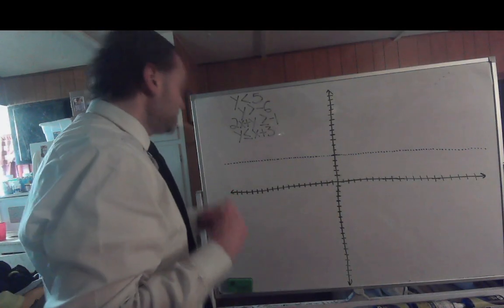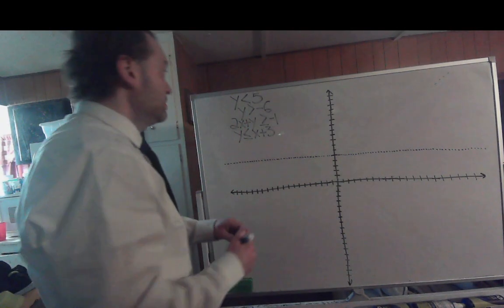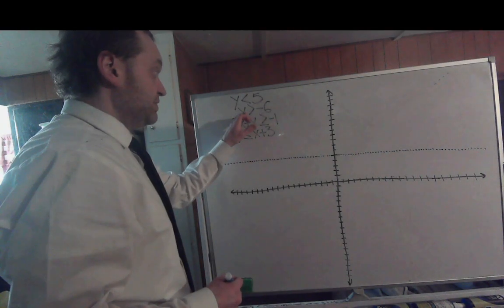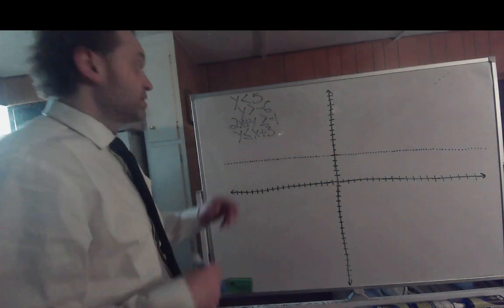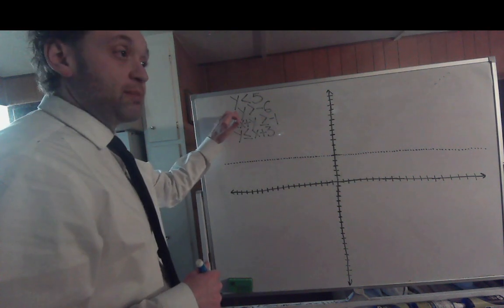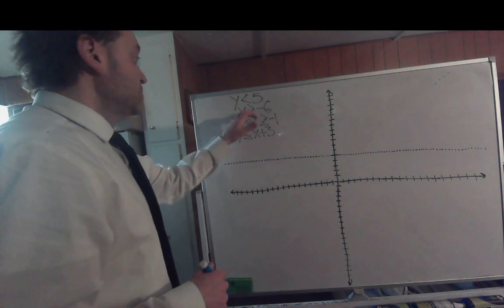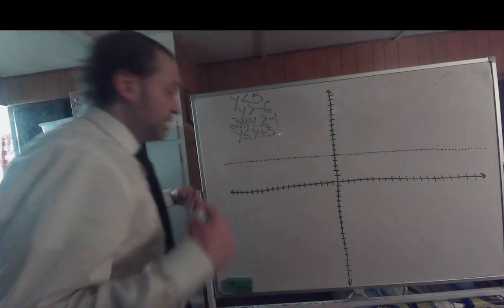Alright, and then you have that y is greater than negative 6. Since it's just greater, there's no equal component, so that will not be part of your solution. So you'll draw a dotted line through y equals negative 6. So 1, 2, 3, 4, 5, 6. That's going to go right there.